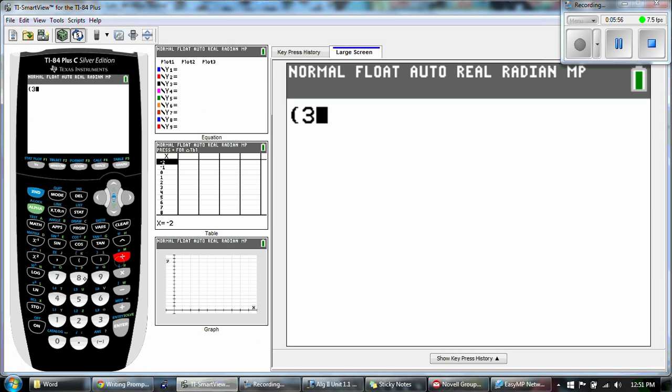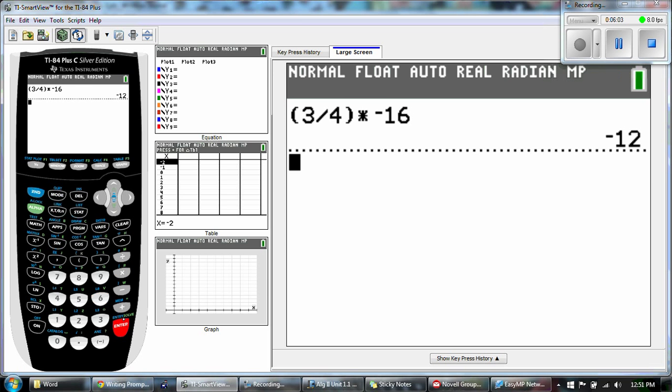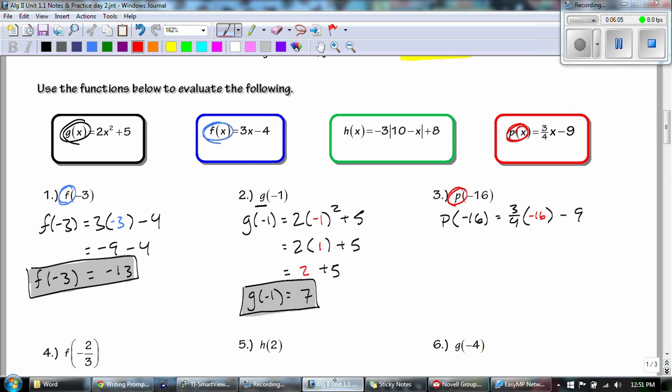We have 3 divided by 4 times negative 16, and we get negative 12. Okay? So we have negative 12 minus 9, and then negative 12 minus 9 is negative 21. So p of negative 16 equals negative 21.